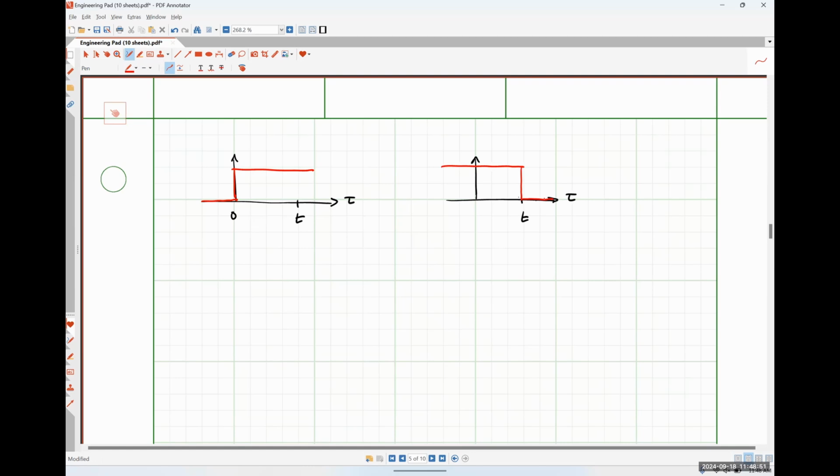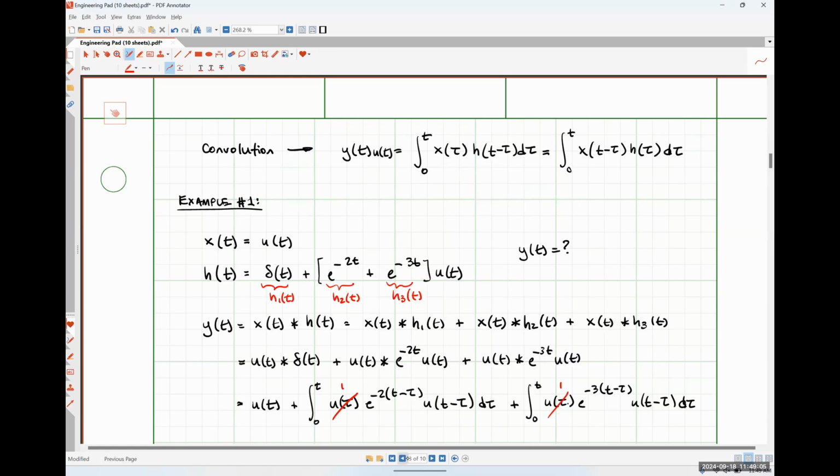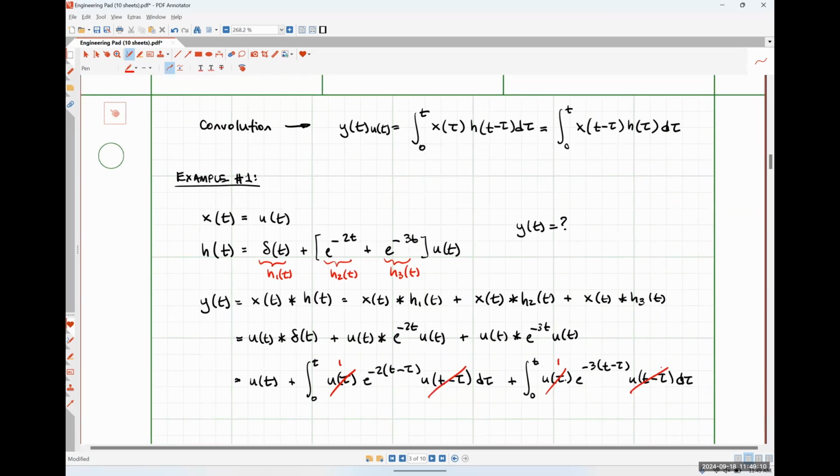What is the value of this guy over the interval from 0 to t, or any value of t? Also 1. So all of my unit step function stuff just looks like the number 1 based on the limits of my integration. So I think I've made this much easier to approach mathematically now, because I've got the integrals of exponential functions, and I feel pretty strongly that I can do that damn near all day.